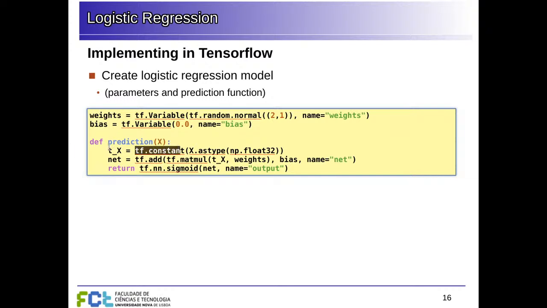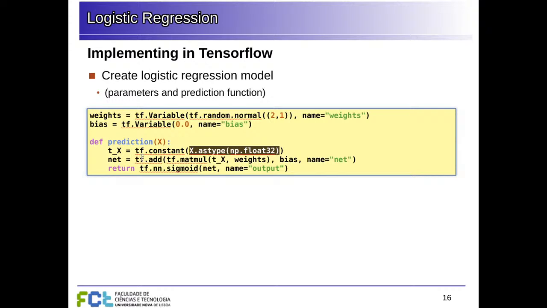We create a constant tensor of X using the values of X, converted to a 32-bit floating point number. This means they are all in the same format and we can use the GPU easily and so on.